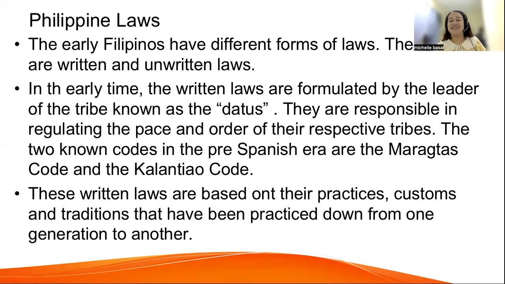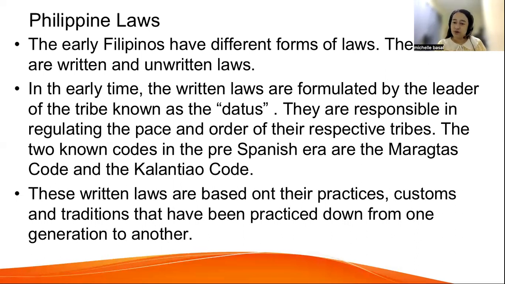And these written laws are based on their practices, customs, and traditions that have been practiced down from one generation to another. But now, because we already have an established society, many of our laws actually come from Spanish laws and English laws.